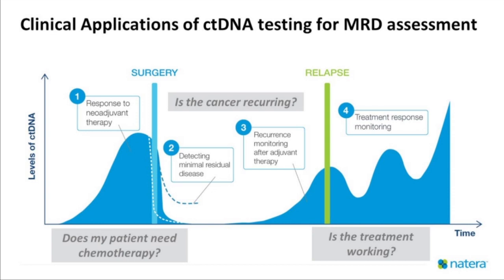You can see that over time that patient now becomes refractory to their chemotherapy and their ctDNA starts going up. And just like you might be following CEA, you would be following ctDNA.